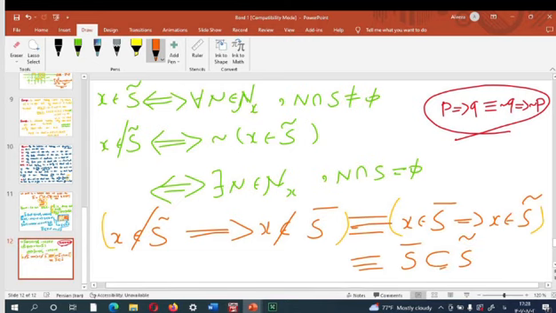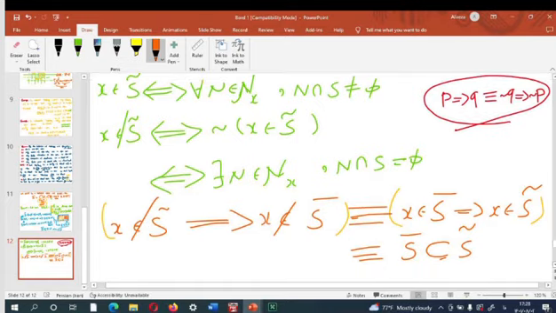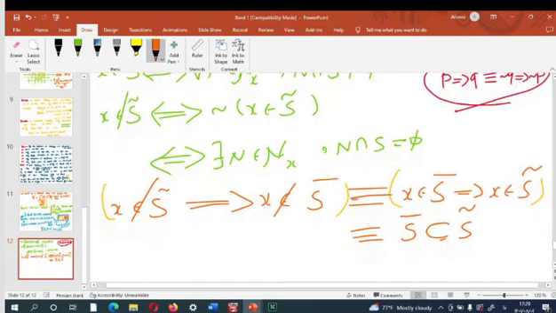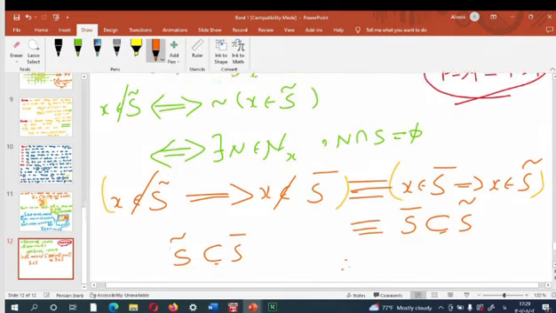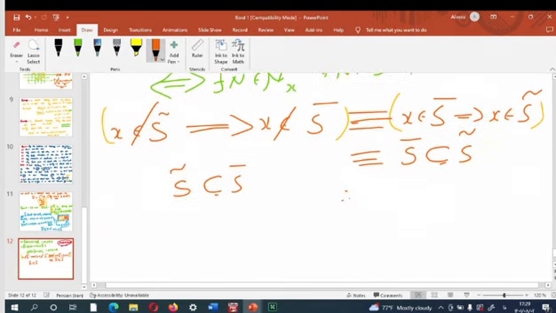And similarly, you can prove the inverse of this relation, so that we have the equality S tilde equals S bar.